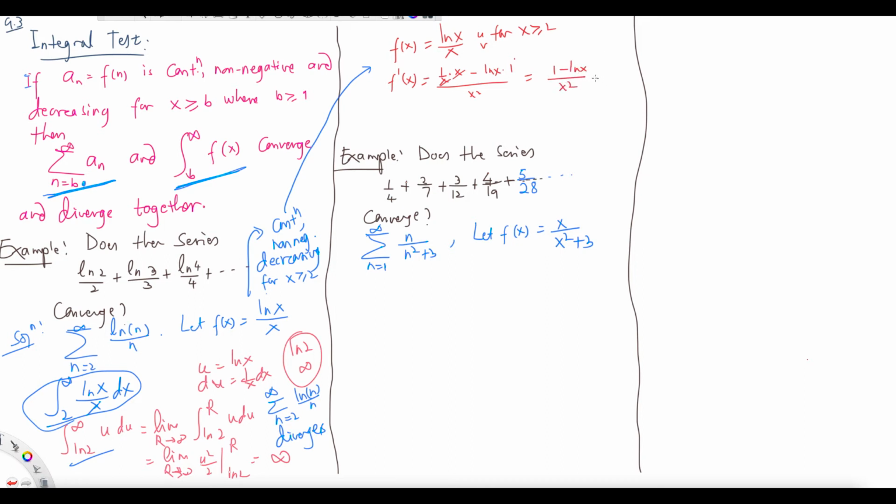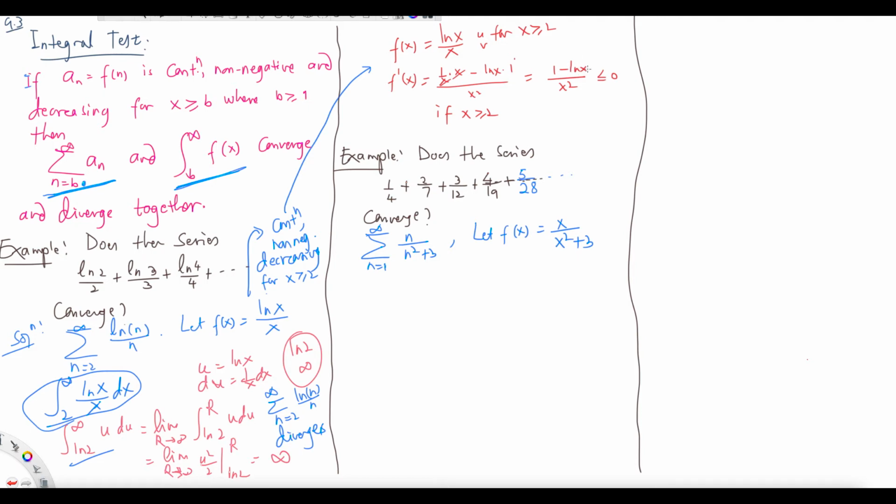Okay, so this will be less than or equal to 0 if x is greater than or equal to 2. If x is greater than or equal to 2, this value will be less than or equal to 0 because natural log of x will be greater than 1 at that time.